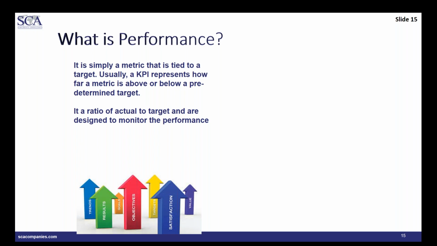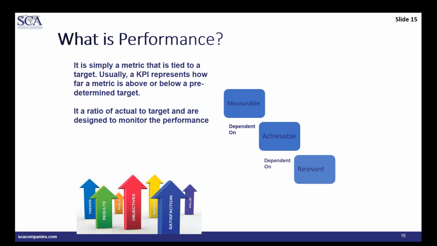Performance. It is very simple. It is a metric that we can measure, for example, KPIs. It is a predetermined target that we compare against an actual, and we also adjust it as we go through the performance. So it is measurable. Obviously, it is achievable, which depends on achievable metrics.